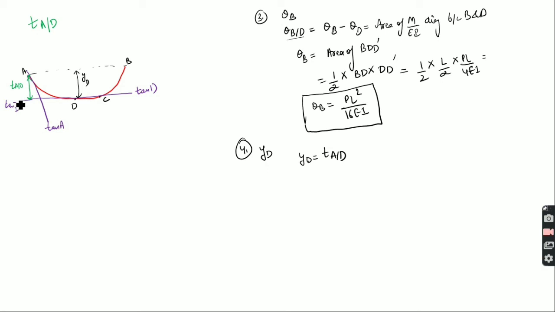If you see this picture, we have to devise and identify this relation ourselves in the beam, depending on our type of beam, the loading, and which values we want to find out.